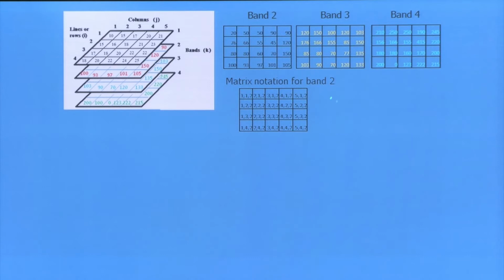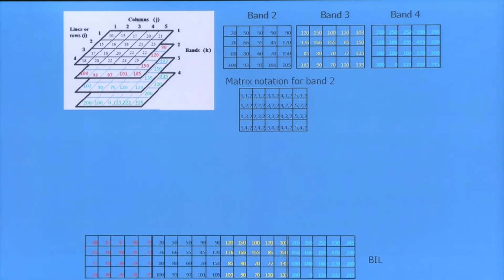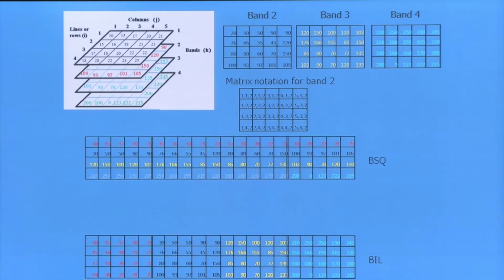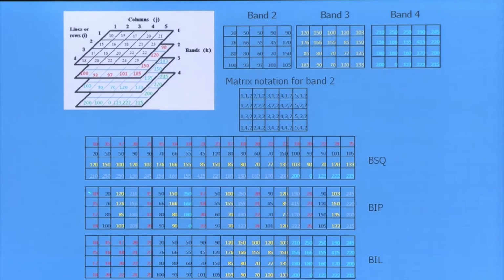If we want to write for one combination, then probably this is one approach, and in case of BSQ, this is how the first band, the band 1 is written, then band 2 is written, band 3 is written, band 4 is written, and in case of this pixel or BIP, then this is how, first pixel of first band, first pixel of second band, and likewise you can check also the values, and then the BIL, the line by line.